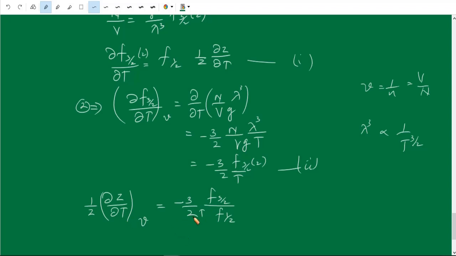So this is the equation. So this is the expression for (1/z) ∂z/∂t.